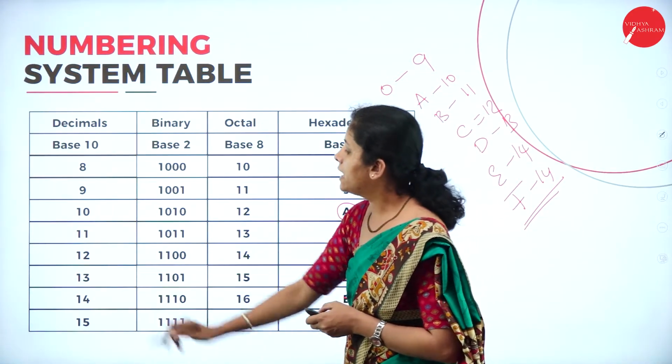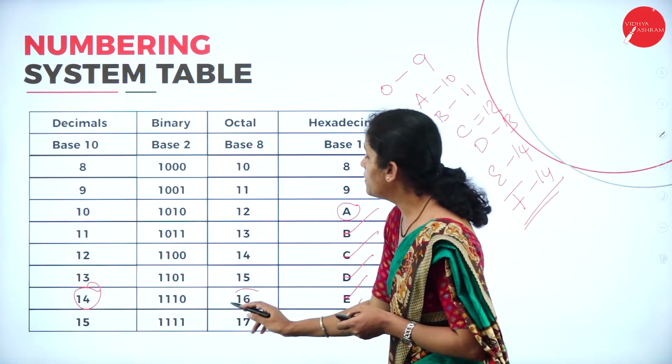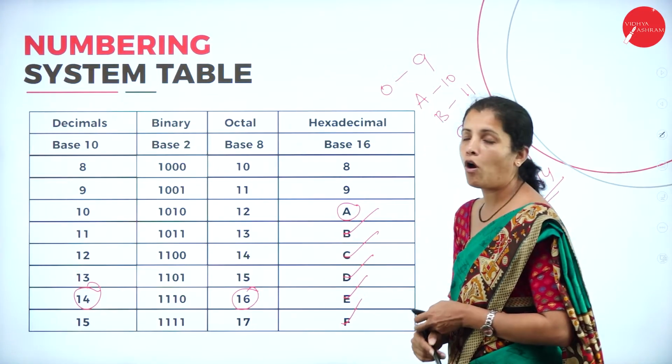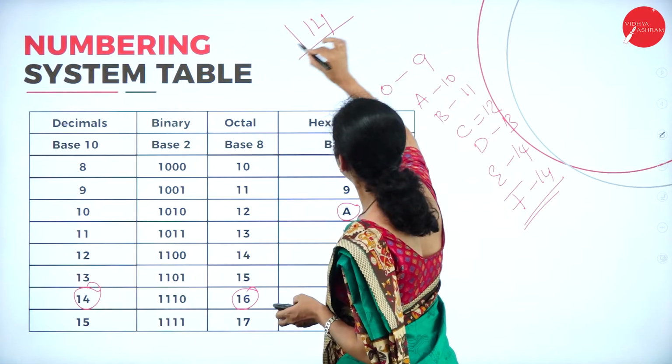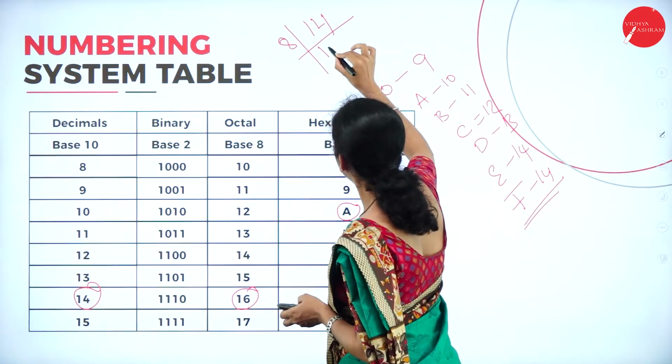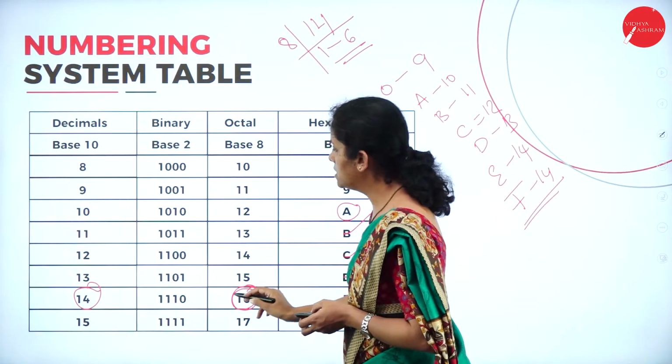And if I consider decimal number 14 and how I'm going to represent it in the form of octal, that is 14 divided by 8. 8 ones are 8, 6 remainder. So it is 1 6.